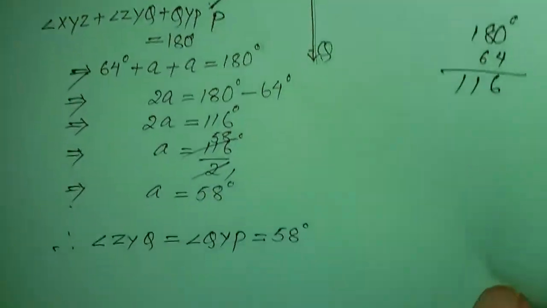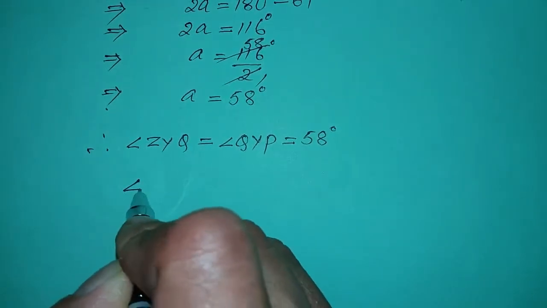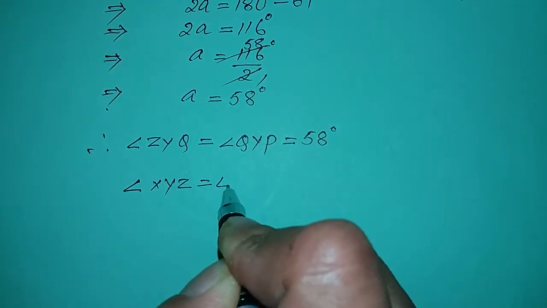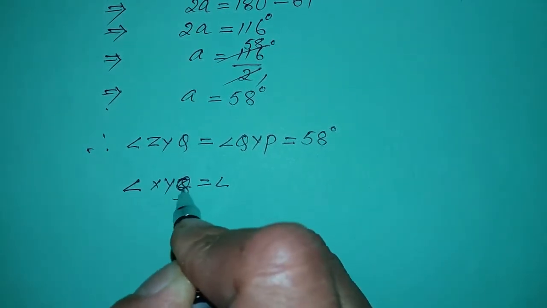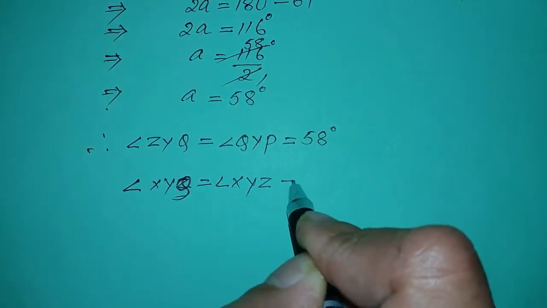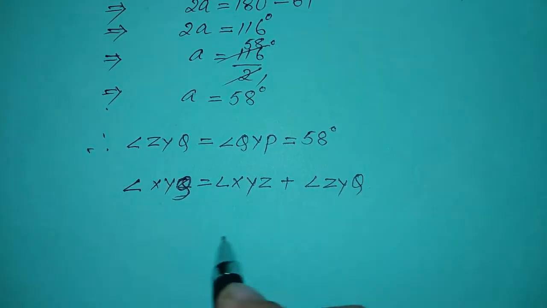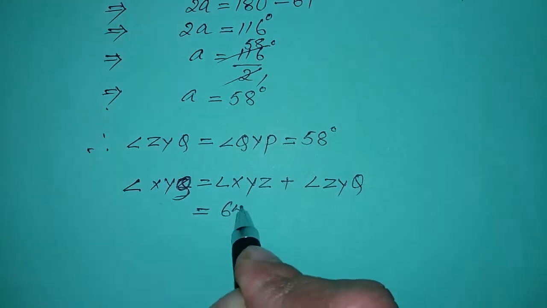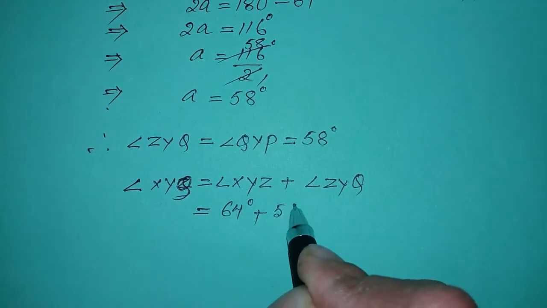So angle XYQ is equal to angle XYZ plus angle ZYQ. Now this XYZ is 64 degree and ZYQ is 58 degree.